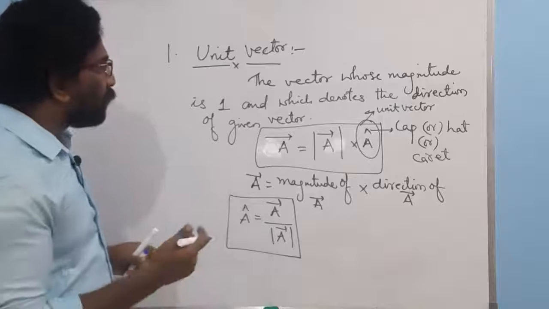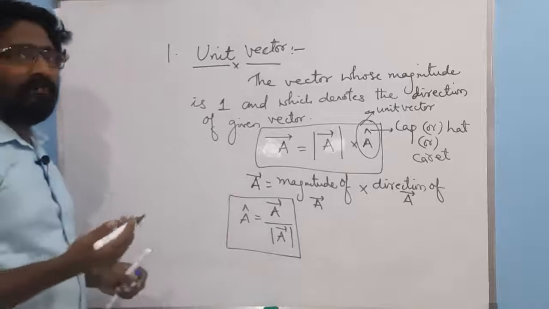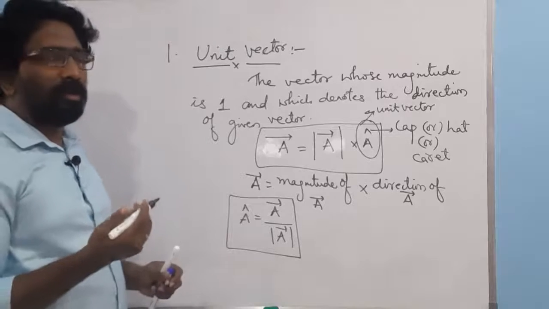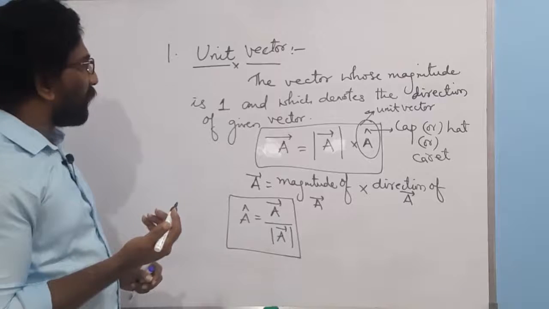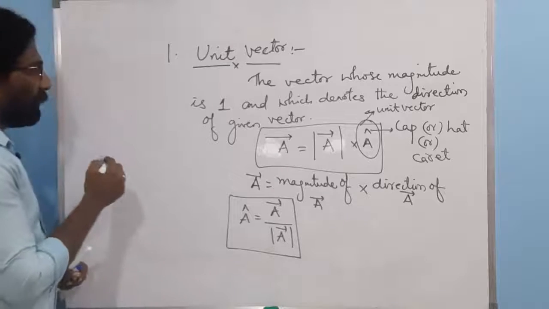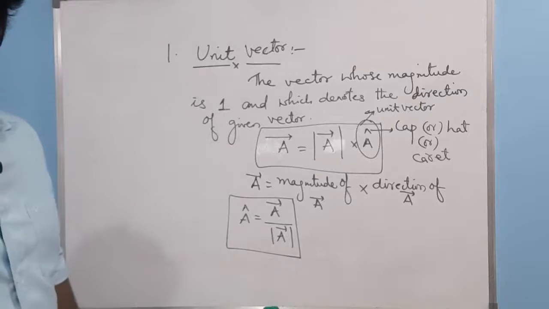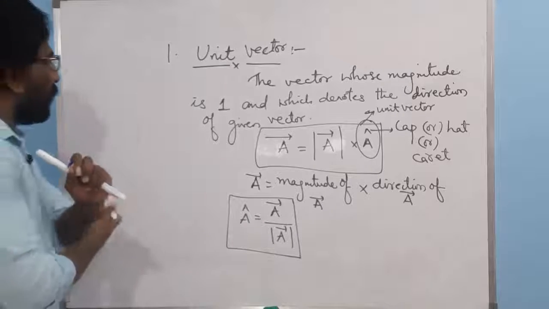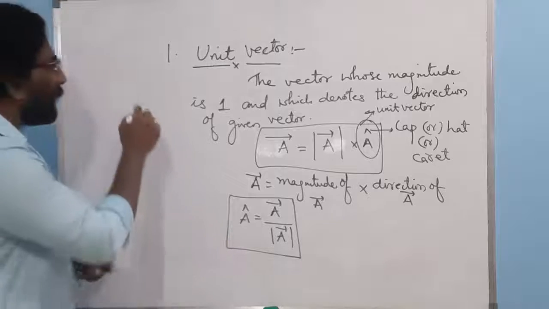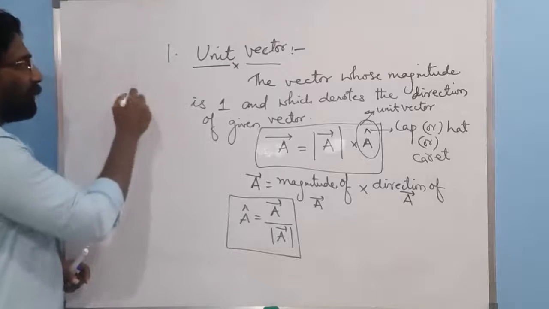Now let me consider an orthogonal unit vector, that means if I am having one rectangular coordinate system. Rectangular coordinate system means what?